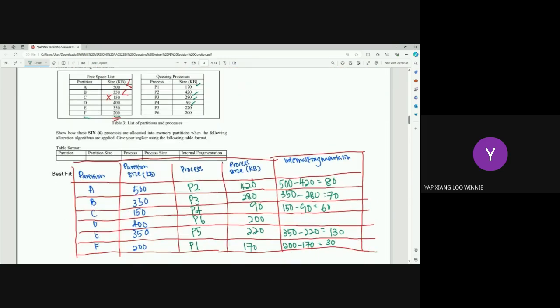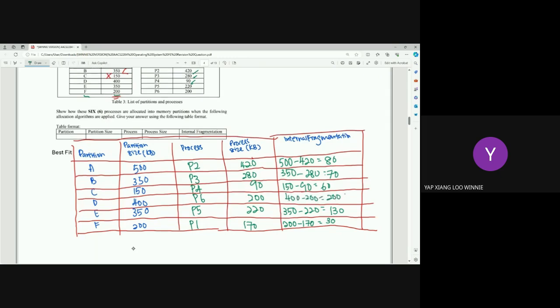So if you're wondering that this partition D has quite a lot of internal fragmentation, it doesn't matter, because at this moment, this would be the best fit for this case. So here you write 400 minus 200, so you get 200. So there's no job waiting. You can say no job or process waiting.